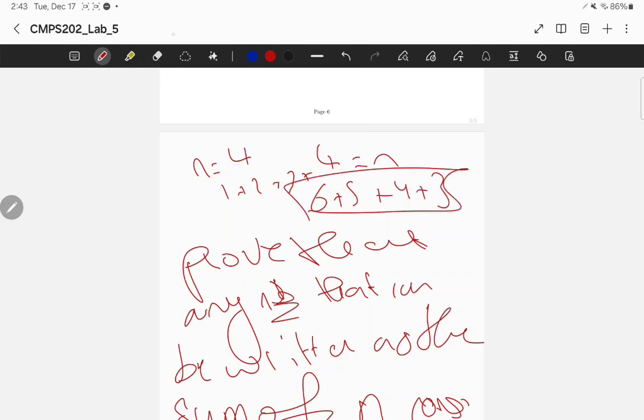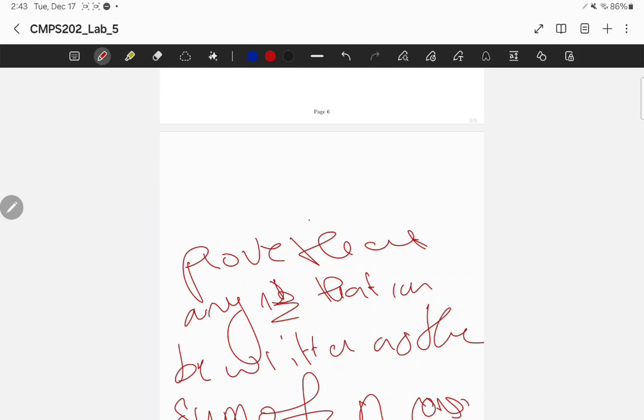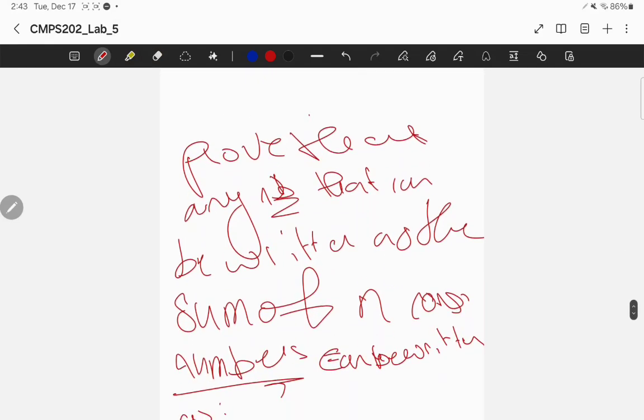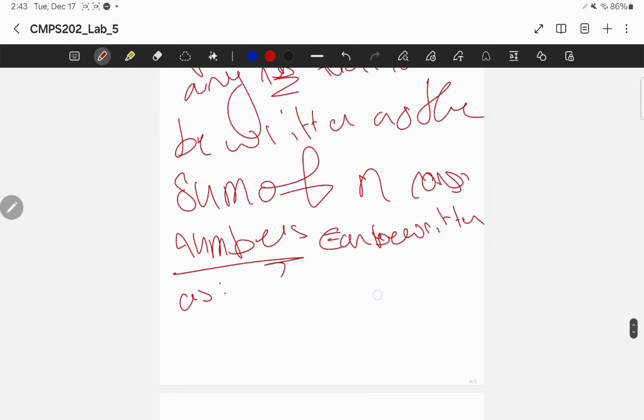The sum of any n consecutive numbers would be a number that we are interested in, right?